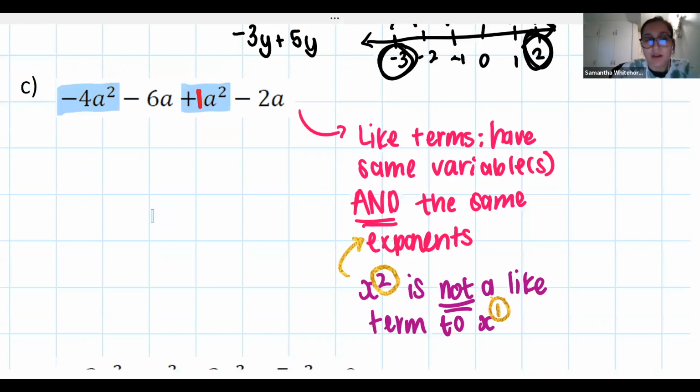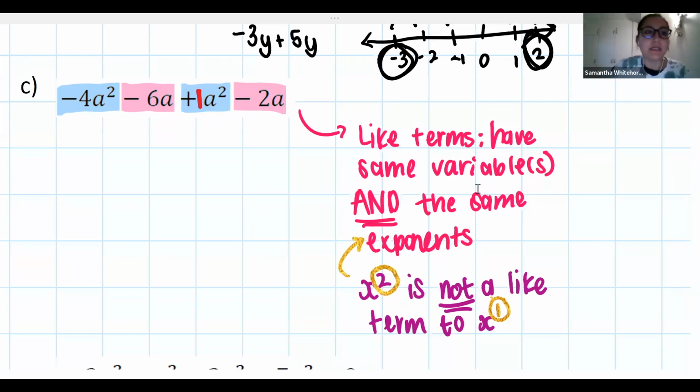You do not have to write it there, but it is there. Then as a completely separate group of terms, because it doesn't have an exponent of 2, we have got 6A and we have got 2A. Very, very important, because the exponents are different, they are not like terms. So A is a like term to A, and in a separate group, A squared is a like term to A squared.